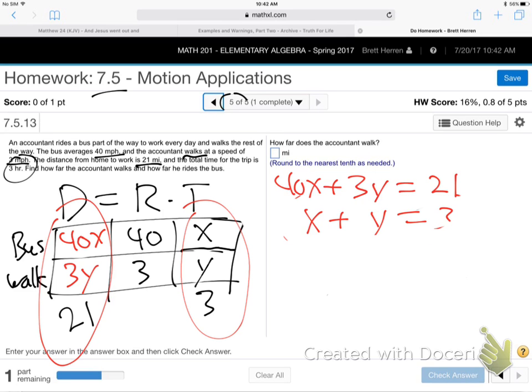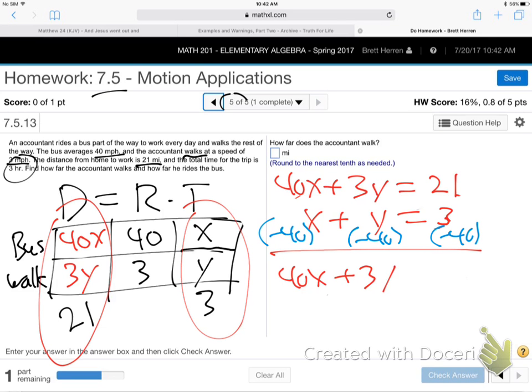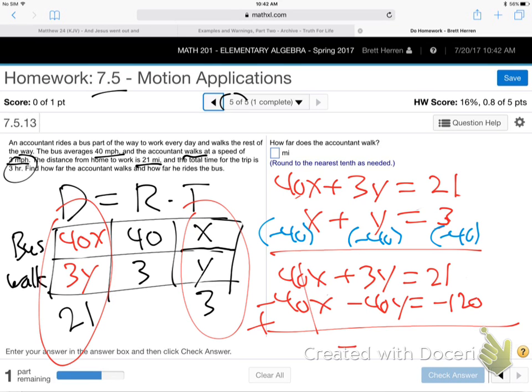Now multiply all 3 by negative 40. I'll show it like I normally do. Negative 40, negative 40, negative 40. Like that. So then we get 40X plus 3Y. So the bottom one is minus 40X minus 40Y minus 120. Add them up. X's cancel.